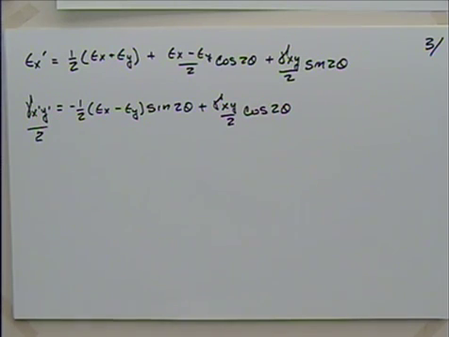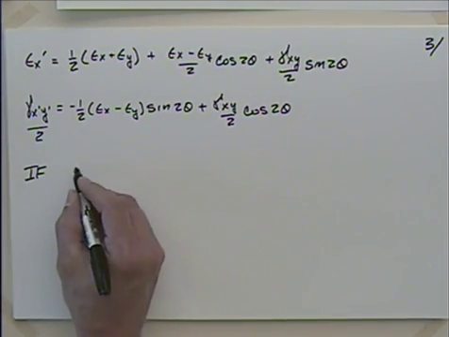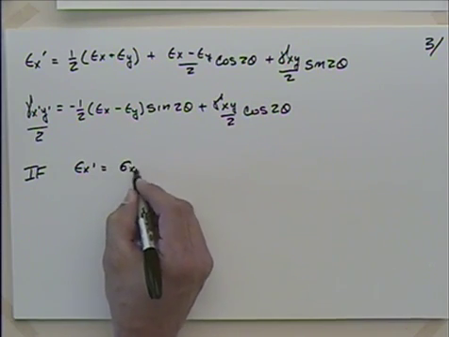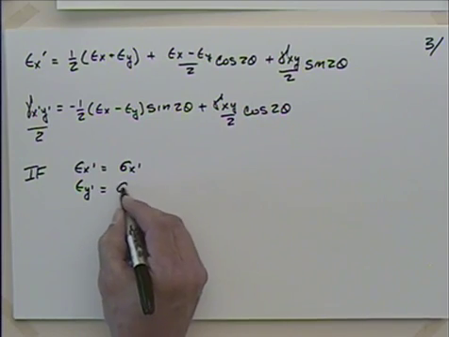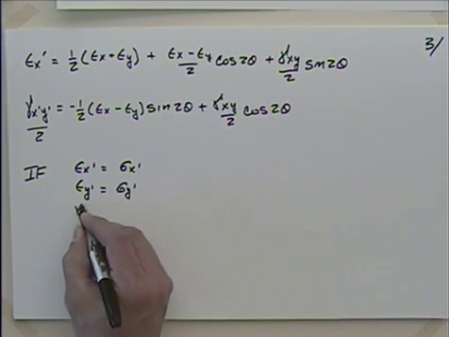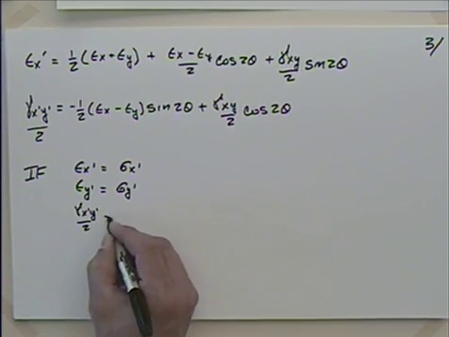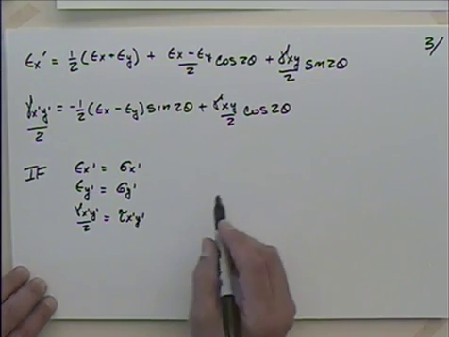Yeah, I think we're okay. Now, you might say, well, those look like awkward equations, but you've seen equations very similar to these. If you let epsilon x prime equal sigma x prime and epsilon y prime equal sigma y prime and gamma x prime y prime over 2 equal tau x prime y prime, you'd have the same equations.